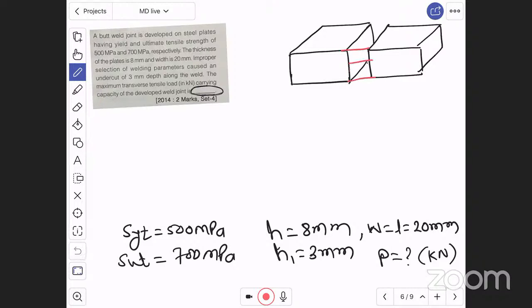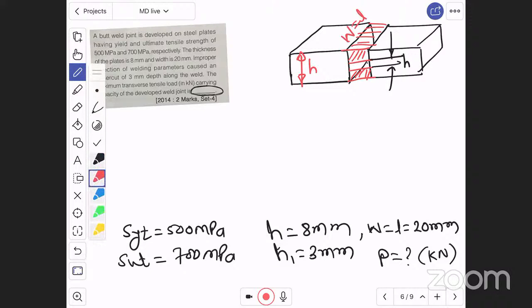But there is undercut also, right? This plate thickness is H and undercut is H1. And welding is done for the entire width. Width is nothing but length of welding. Right. And the load on this plate is P.